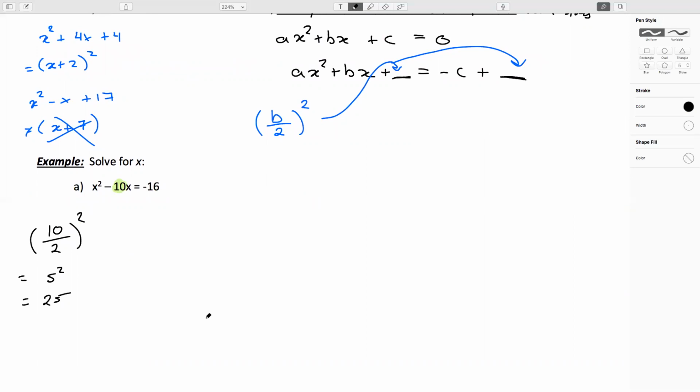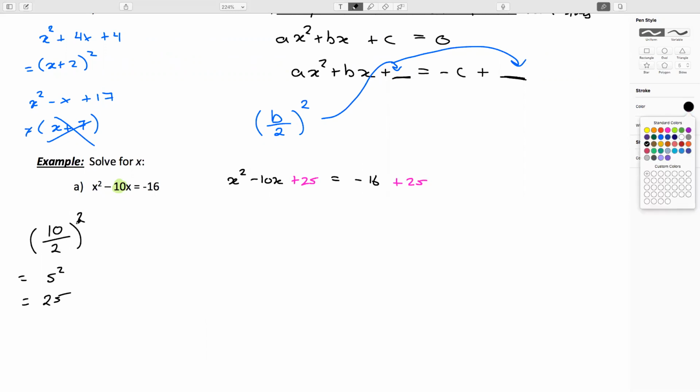So let's do that. I'm going to start by just writing the equation at the top. X squared minus 10x equals negative 16. But I'm going to add my 25, and I'll do that in a different color just so it stands out. Plus 25, plus 25. That number came from taking b over 2 and squaring it. Now I have a perfect square trinomial on the left.